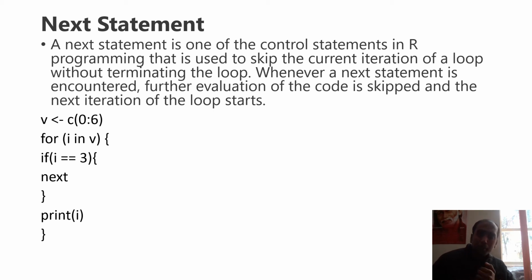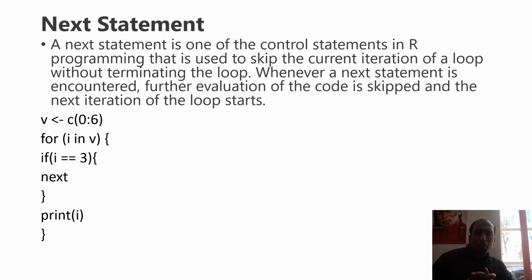It skips the current iteration of a loop without terminating the loop. Whenever a next statement is encountered, further evaluation of code is skipped and the next iteration of the loop starts.